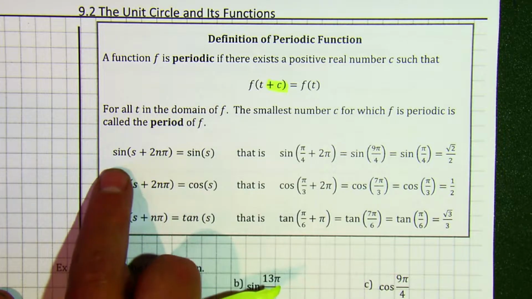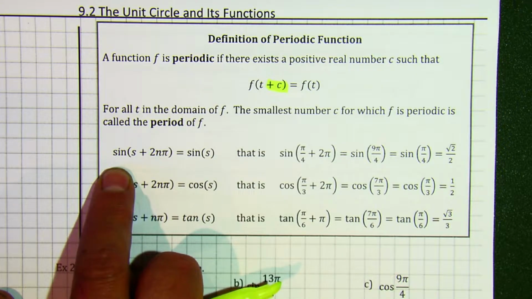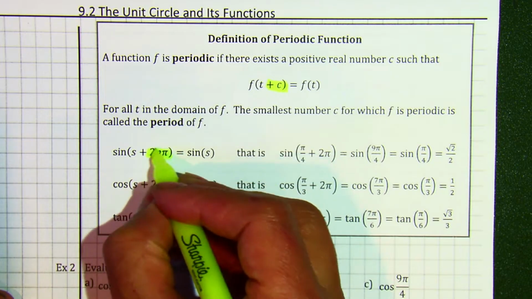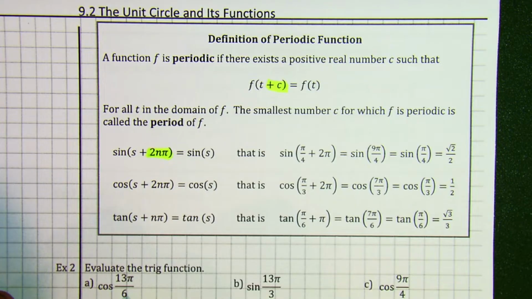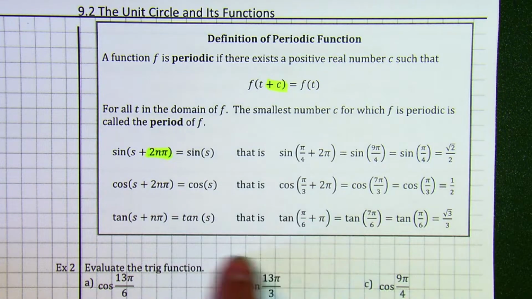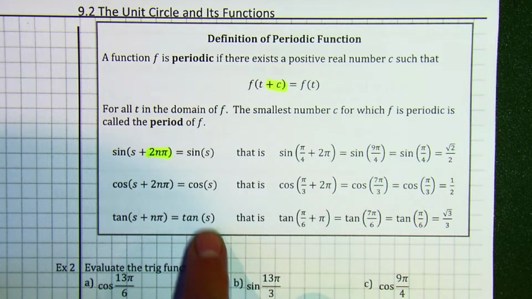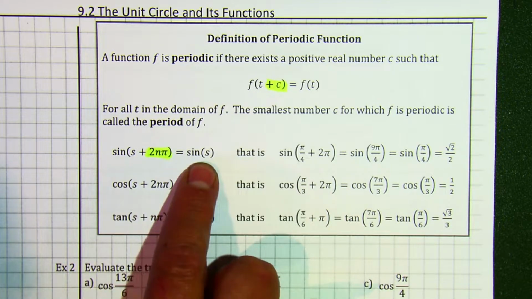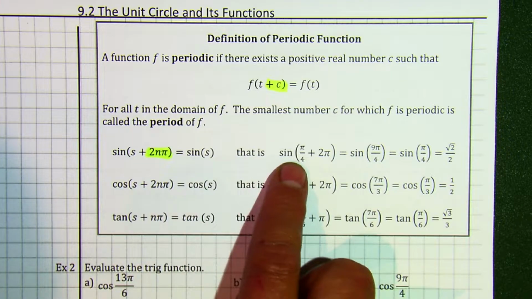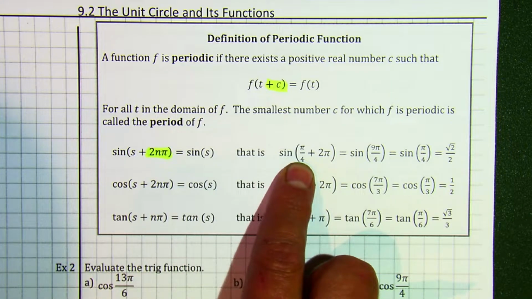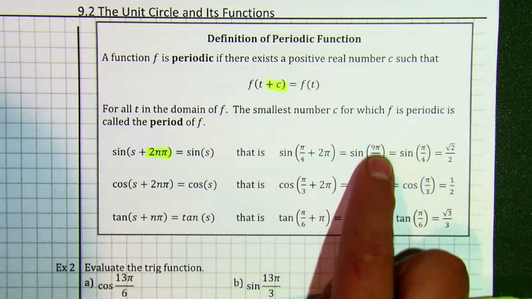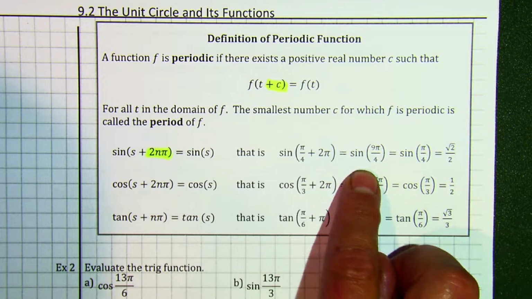So therefore, sine is periodic because every 2 pi is going to repeat, correct? If you go all the way around, you end up on the same location, so therefore, you can just take the sine of s, such as, for example, the sine of 5 pi over 4 plus 2 pi is equal to the sine of 9 pi over 4 if you add them together.